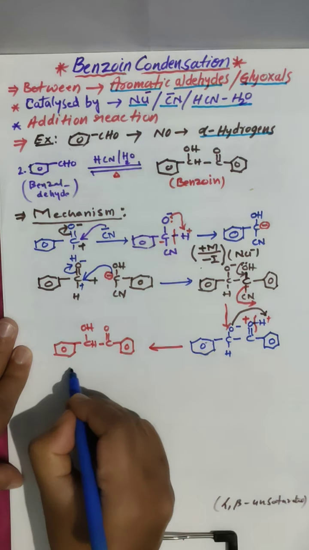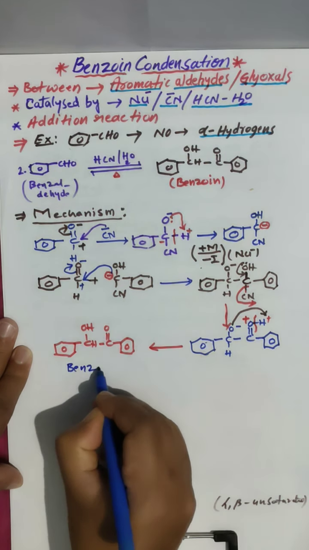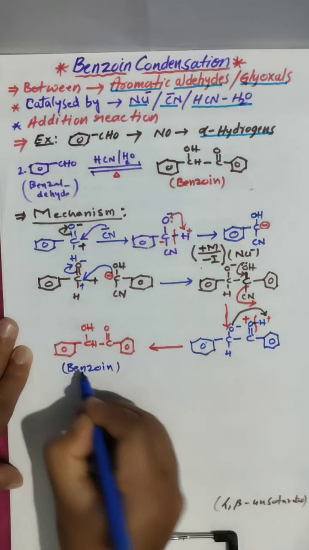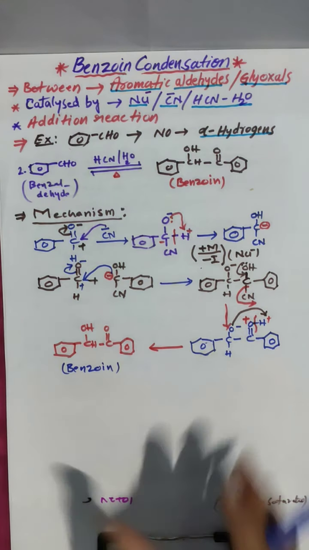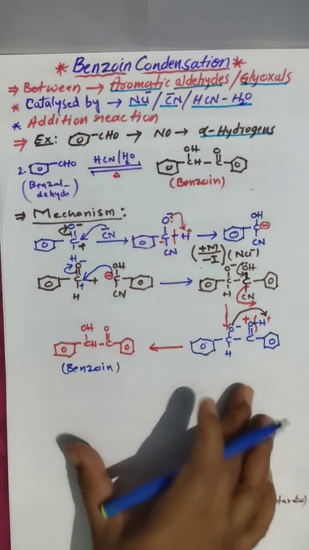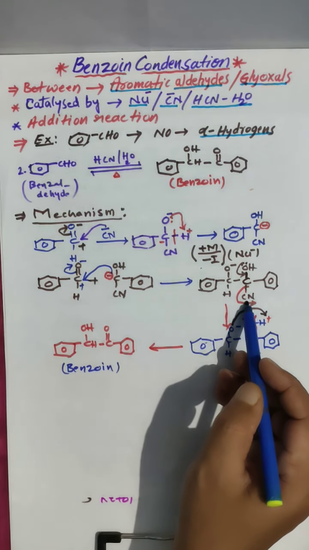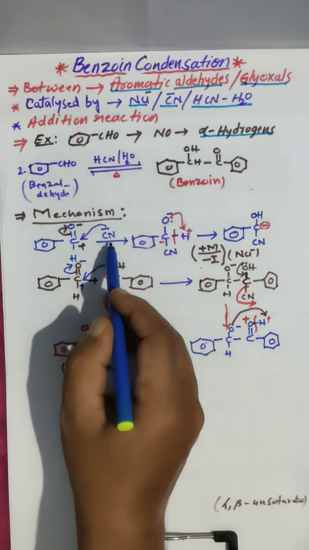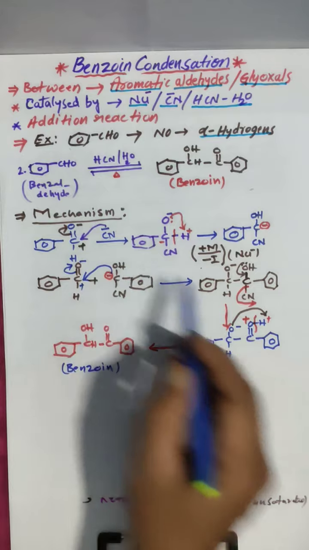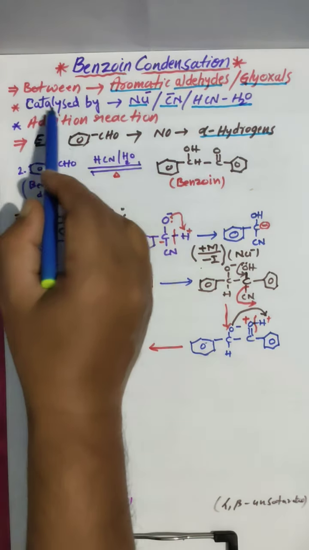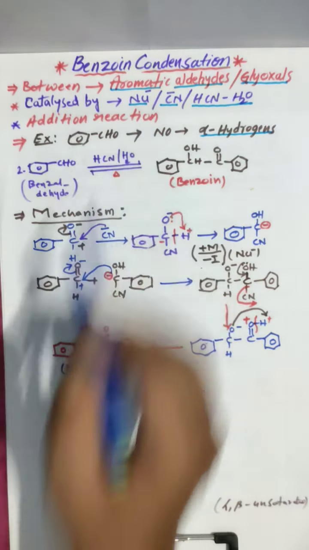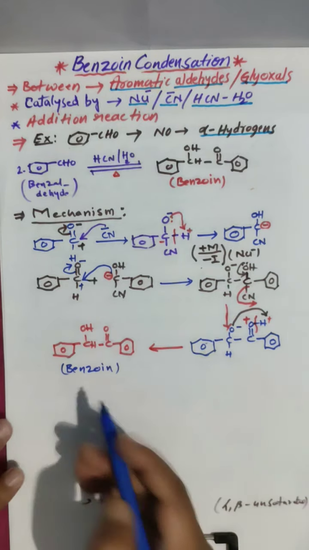And this is what I told you is benzoin. Clear? Here we removed cyanide and here we added cyanide. So cyanide acts as a catalyst, catalyzed by the nucleophile, that is cyanide. This is how to prepare benzoin.